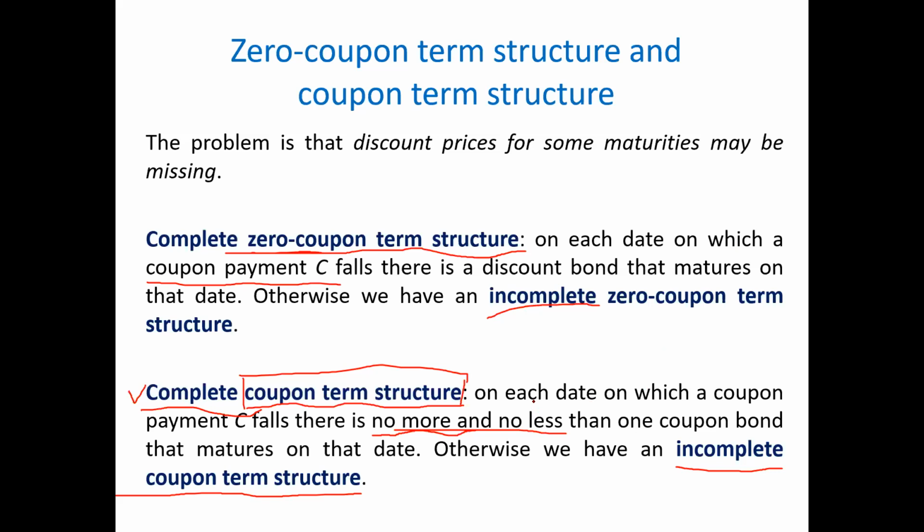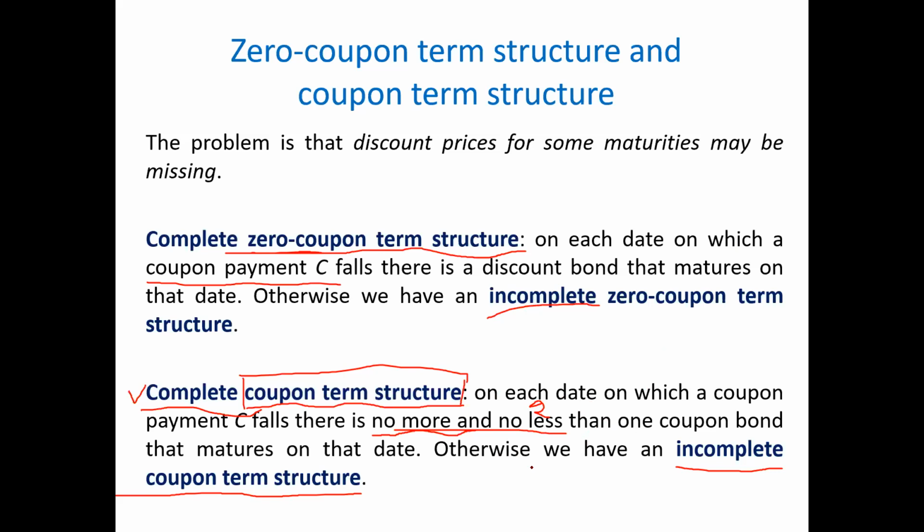They sometimes even have two coupon bonds maturing on each date when the coupon payment falls. But this occurs on very rare occasions. But generally in the medium term, they have complete coupon term structure. Later on, if I have time, not today definitely, I will tell you why this is so important. But essentially, it's all about hedging techniques.